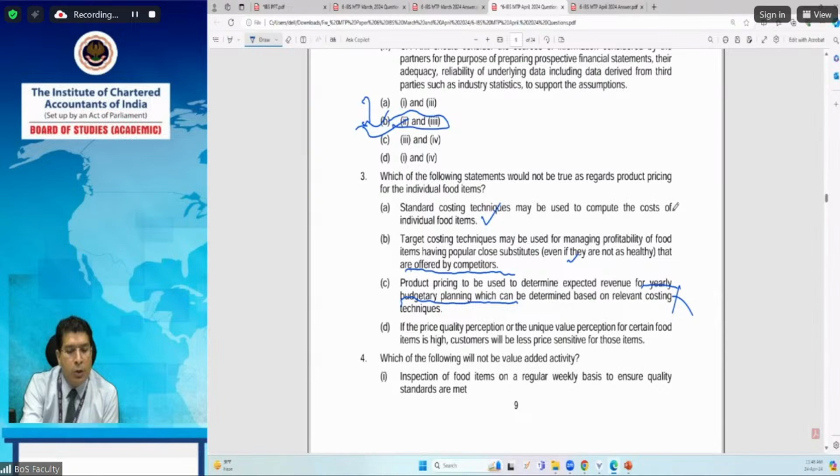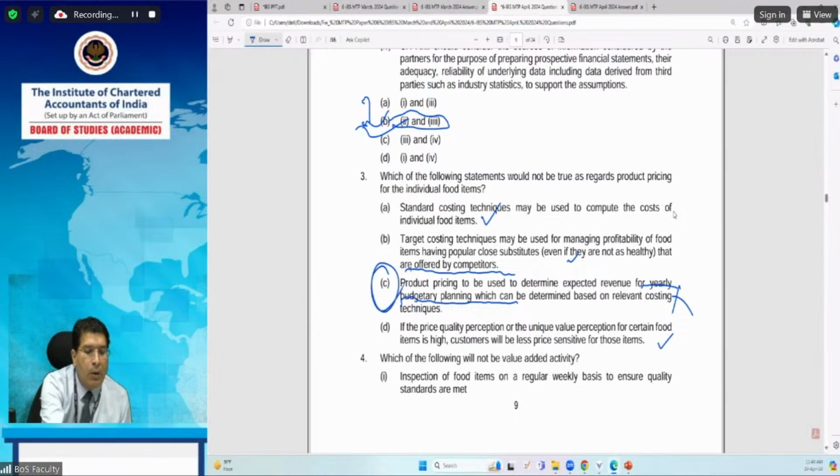Accordingly, this option is correct. It means all these three techniques for this MCQ, standard costing, target costing, and pricing based on value perception, are applicable here. Only product pricing used by relevant costing technique is not applicable for this particular MCQ, and your answer will be only C.